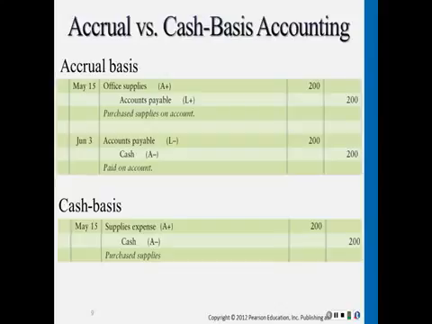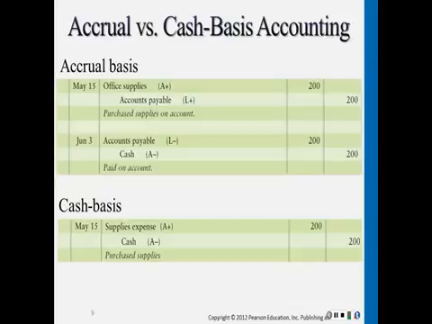Then, on June 3rd, debit accounts payable for $200 and credit cash for $200 to pay for the supplies purchased on May 15th. In contrast, cash basis accounting ignores this transaction on May 15th because the business paid no cash.